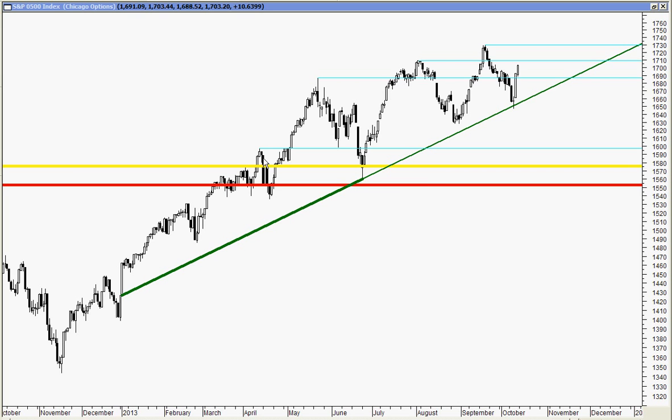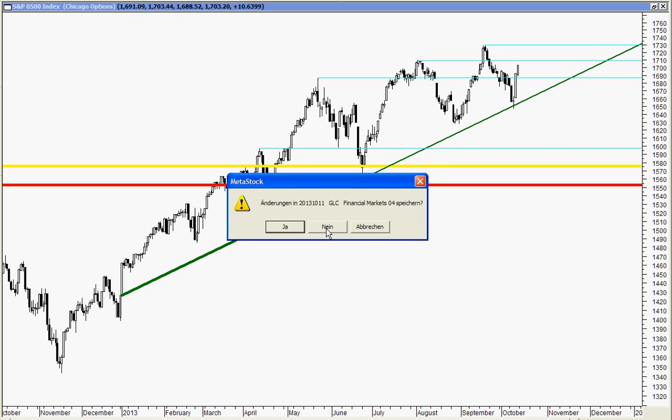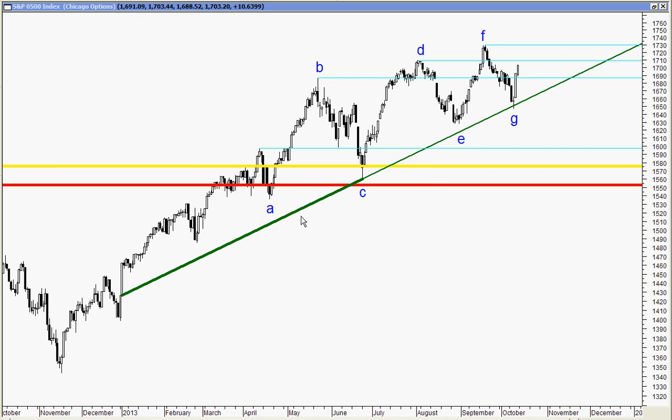So technicals, some levels. Here the high in April, high in May, high in July, and high in September. And to create a purely technical setup, we see here we've got a classical A, B, C, D, E, F, G, and H, which should even be new highs.